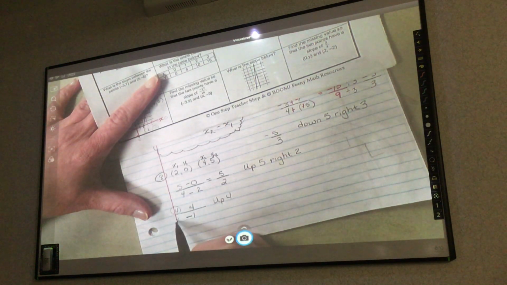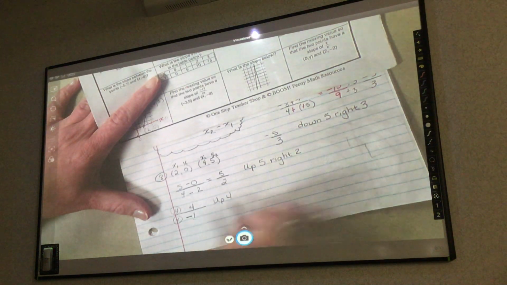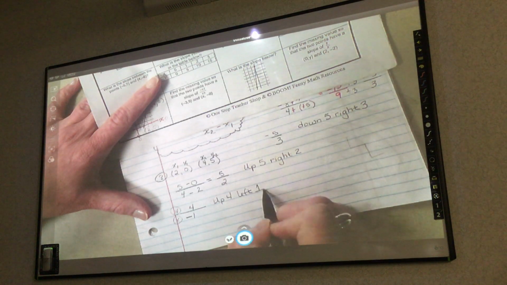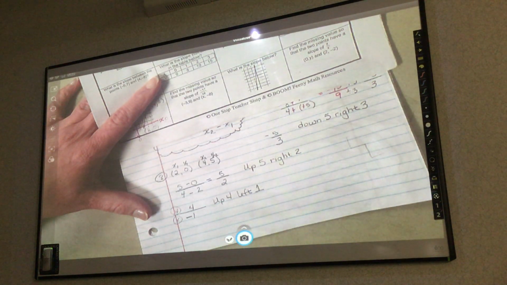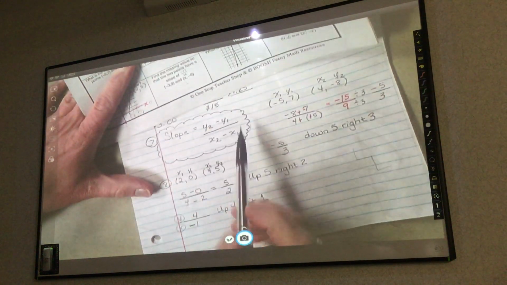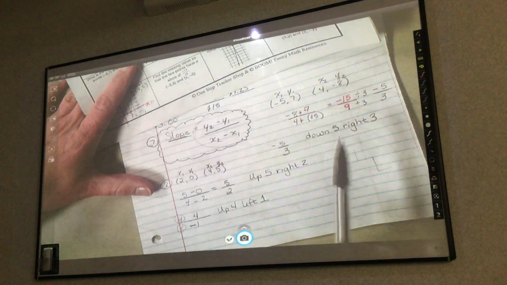Up 4, left 1. And now what does this represent? Left. So then write left 1. Excellent. Oh, it's actually not that hard. It's really not. But if you don't have this formula for slope, it's really hard.